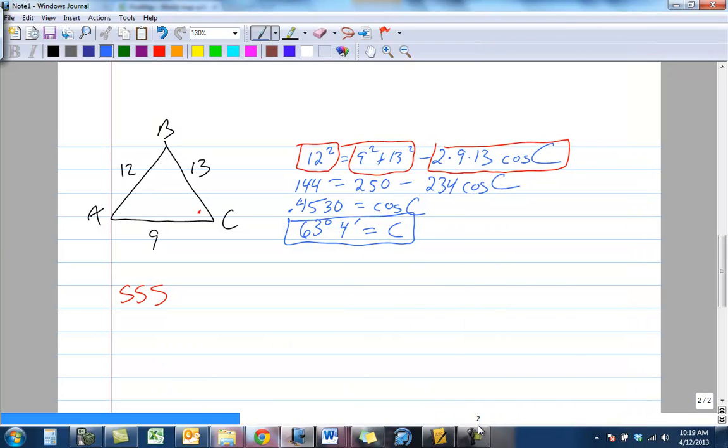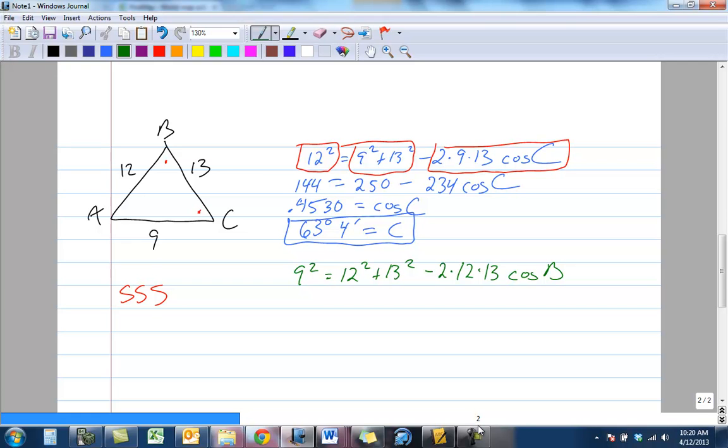So we got to do this again for one of the other ones. Now, we did C. I'm going to do B this next time. So B is going to be B squared, right? The side squared. 9 squared equals 12 squared plus 13 squared minus 2 times 12 times 13 cosine of B. Right?